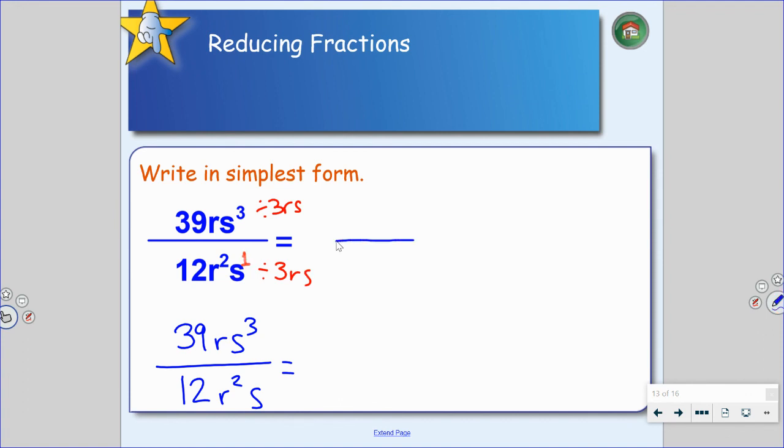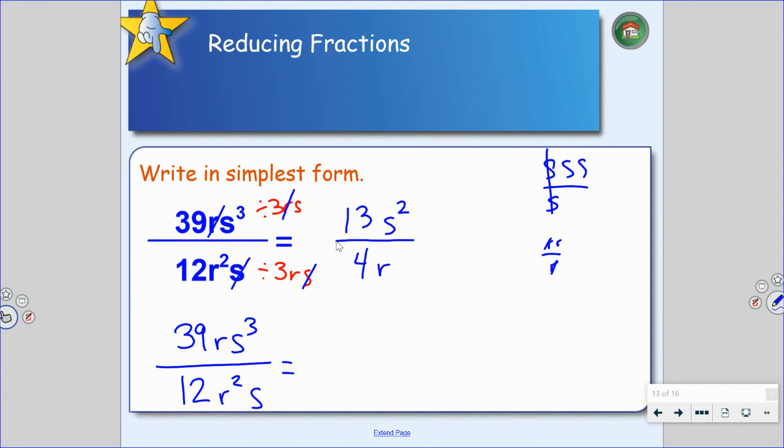So 39 divided by 3 is 13. R divided by R would completely cancel out. Meanwhile, S cubed divided by a single S, in my opinion, leaves S to the second power. 12 divided by 3 in the denominator is 4, R squared divided by R leaves one of those, and S divided by S completely cancels.